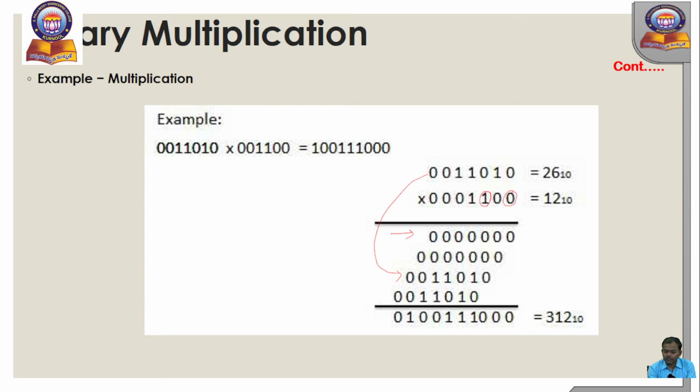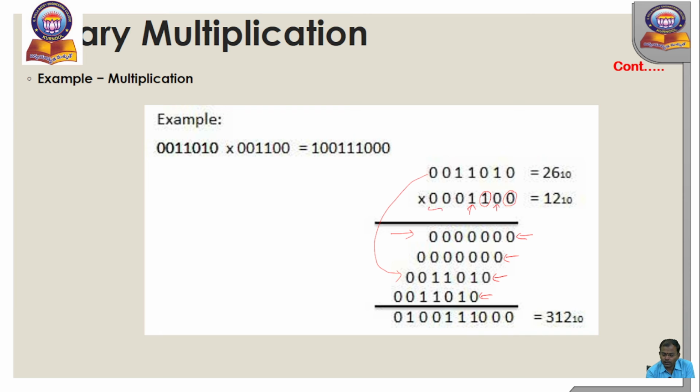In the first position it is 0, so I copy all the bits as 0. In the second also 0, so I copy it as 0. Then in the third position the multiplier is 1, so I copy the given multiplicand. While writing, I have to shift the position by 1 to the left.